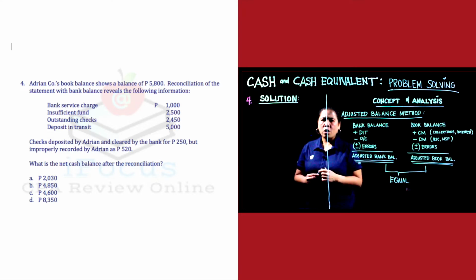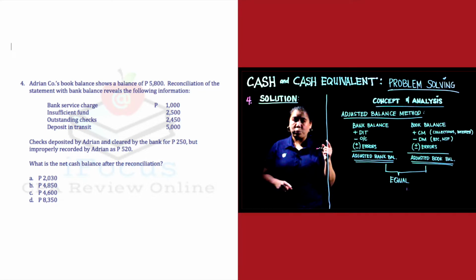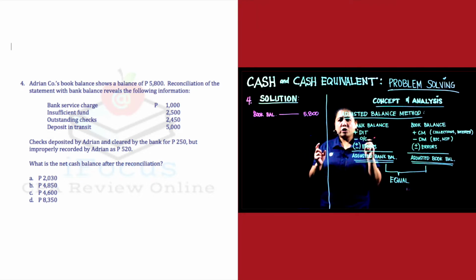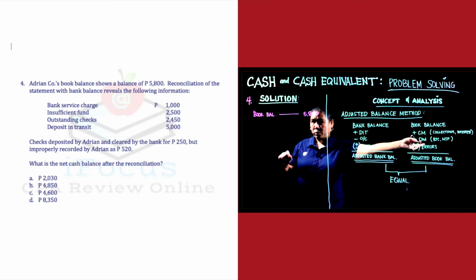Alright? So, the book balance is 5,800. Diyan tayo mag-uumpisa. Ano bang mga reconciling item natin sa book balance? Item number 1 is bank service charge of 1,000. So, itong bank service charge, i-deduct natin ito sa book balance because that is debit memo. Okay?